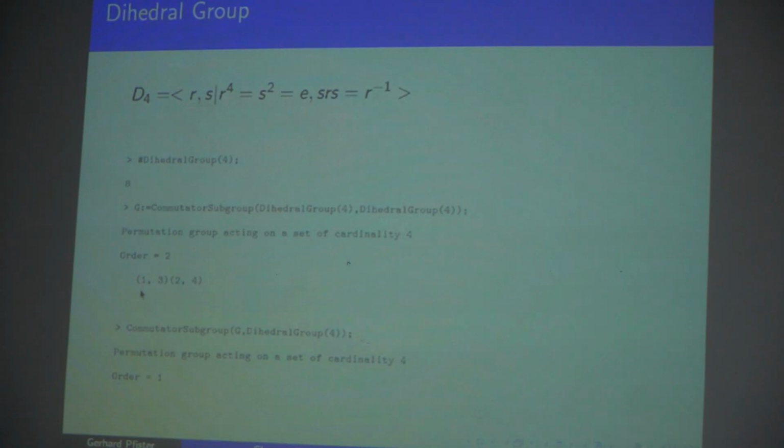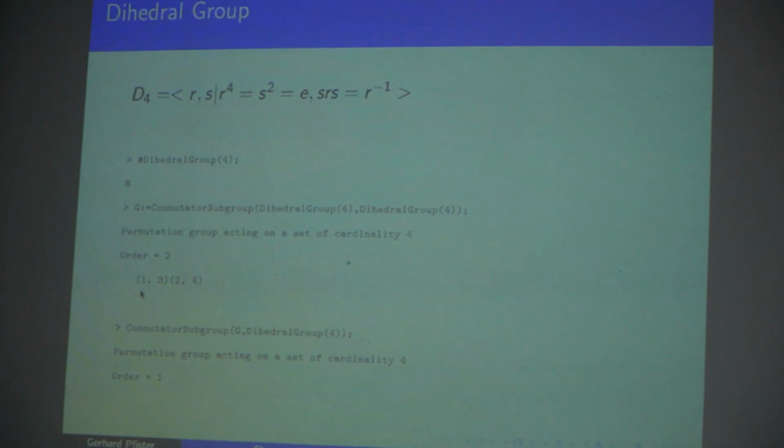Okay, another example is the dihedral group D4, which is the group generated by r and s with the relations r⁴ = s² = the neutral element, and the other relation is srs = r⁻¹.